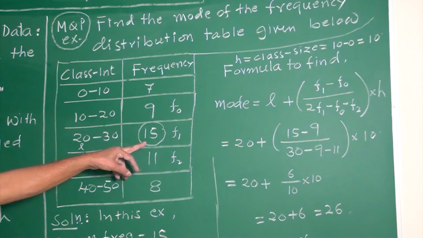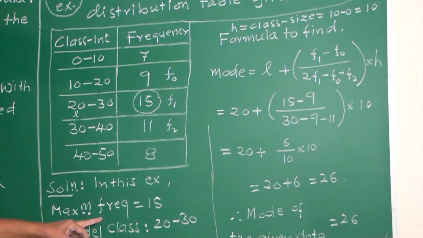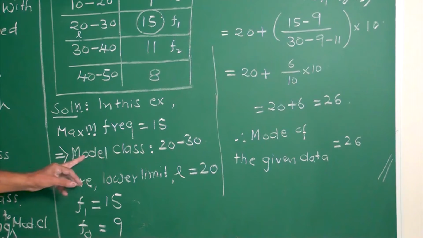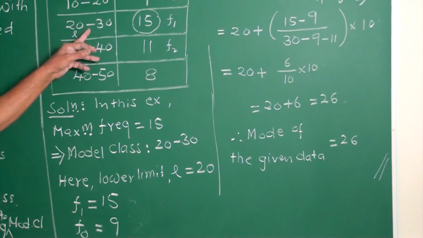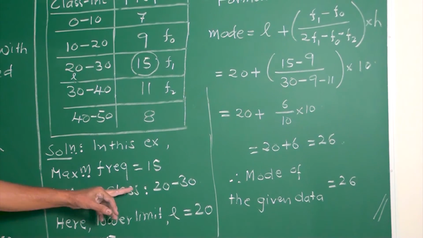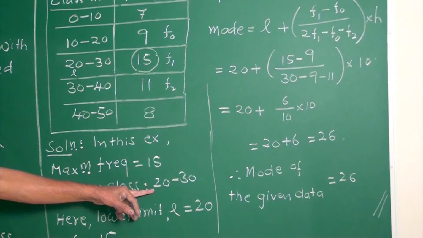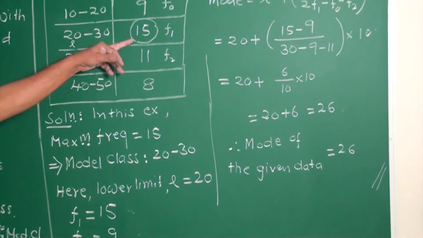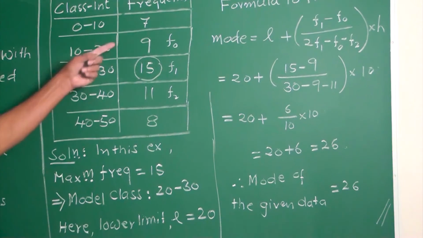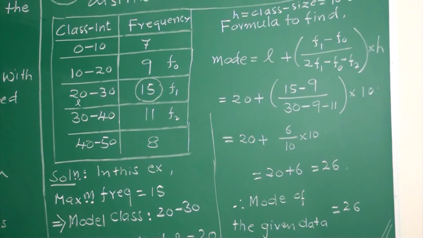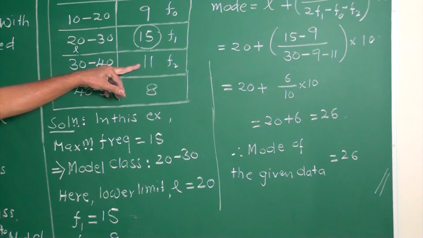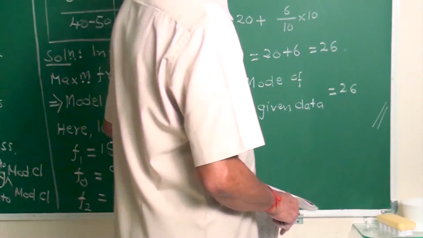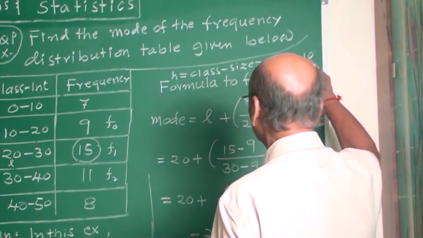In this case, the maximum frequency is 15. The model class corresponding to it is 20 to 30. The lower limit L is 20. F1, the frequency of the model class, is 15. Previous F0 is 9. Succeeding F2 is 11. Then H, class size, is 10.